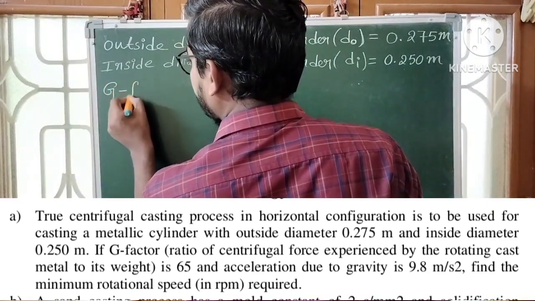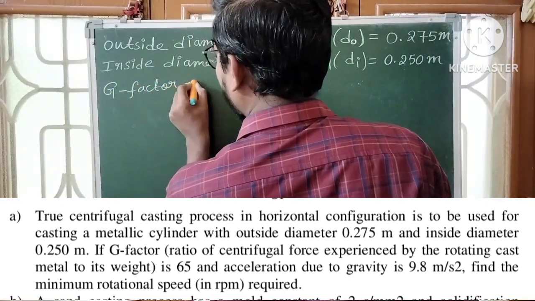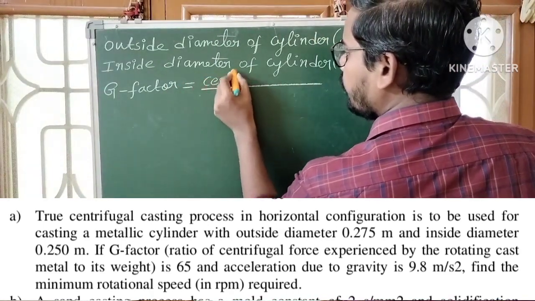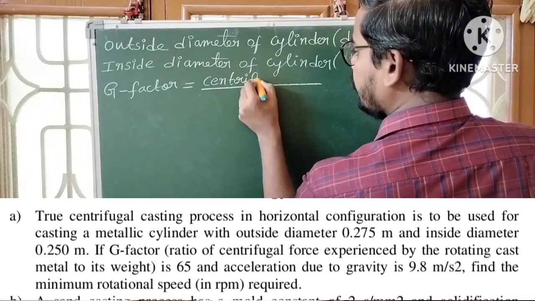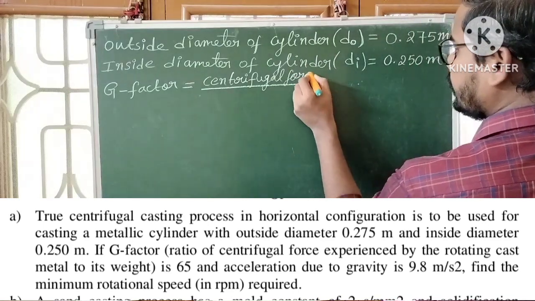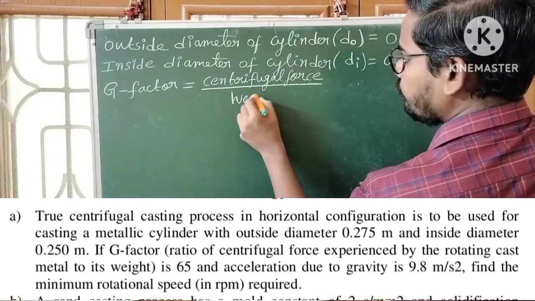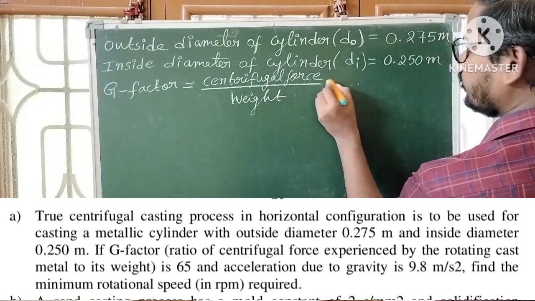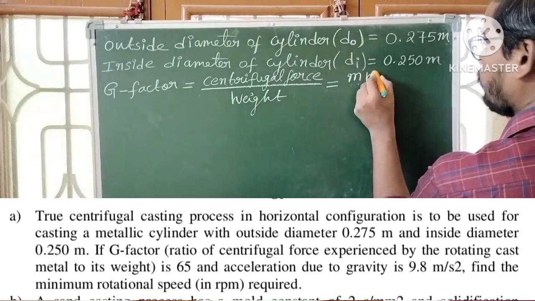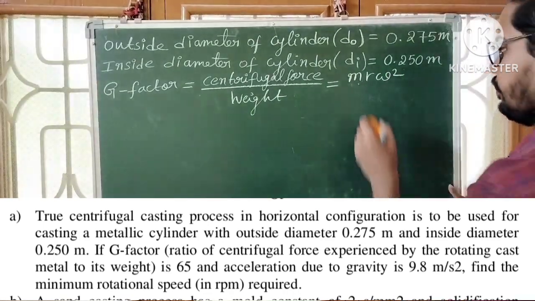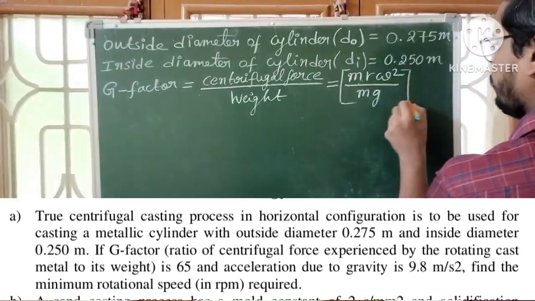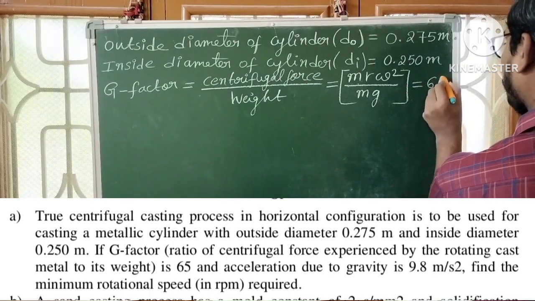And G factor. What is G factor? G factor is equal to the ratio of centrifugal force experienced by the rotating cast metal to its weight. The formula for centrifugal force is m r omega square, divided by weight. Weight W is equal to mg, which is 65, the given G factor.